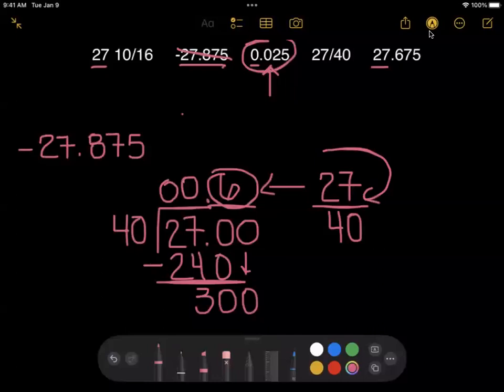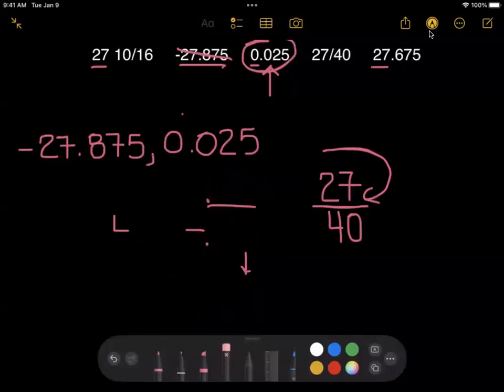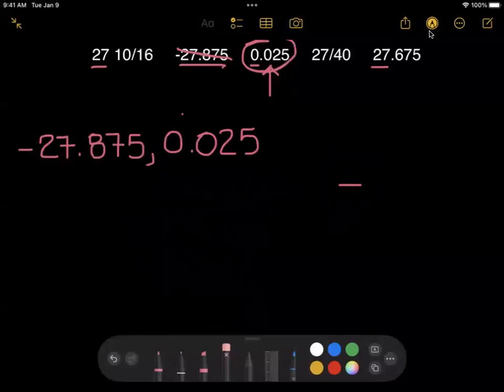So my next number in the sequence would be 0.025. Then I'm going to delete all of this to make some room, and then write my next number in the sequence, which would be 27 over 40. That's what makes it easier to compare, if they are in the same format, either both as decimals or both as fractions.